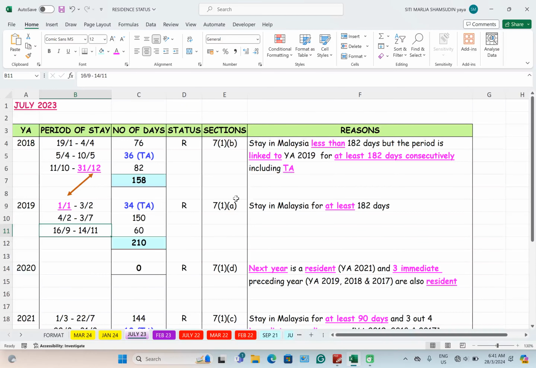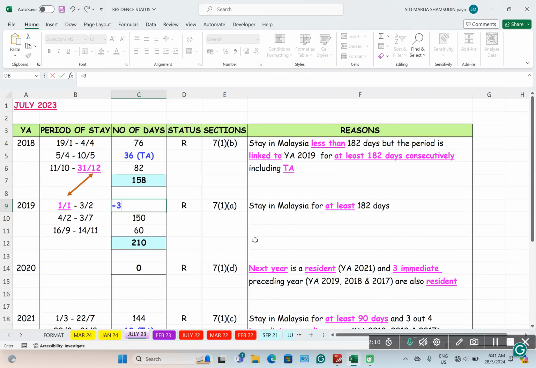Okay, guys, let's compute. Okay, 2019, this is also not a leap year. Therefore, February, we only have 28 days. Okay, so you guys calculate. January, start from 1st. So, January, 31 days. Plus 3, 34. Okay, don't forget to put in bracket TA 34.